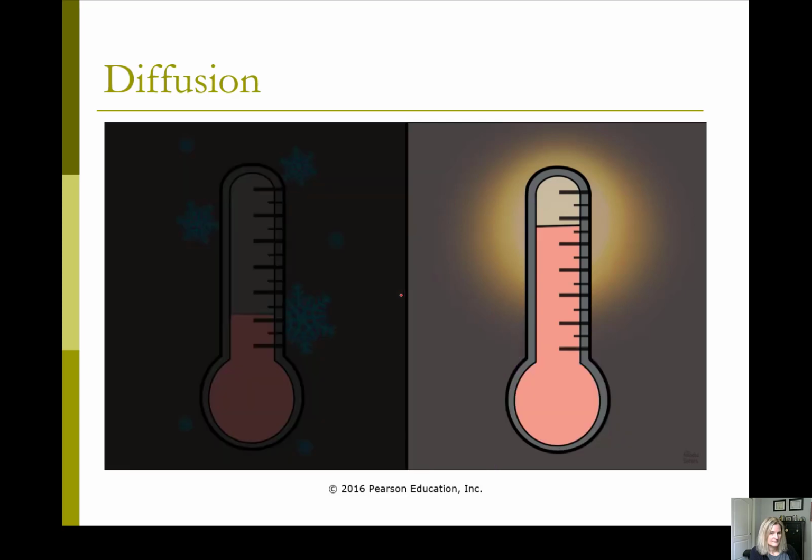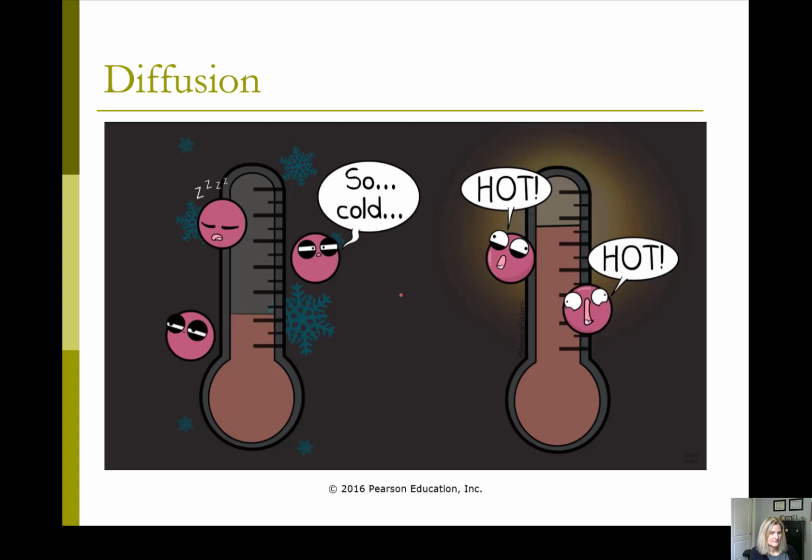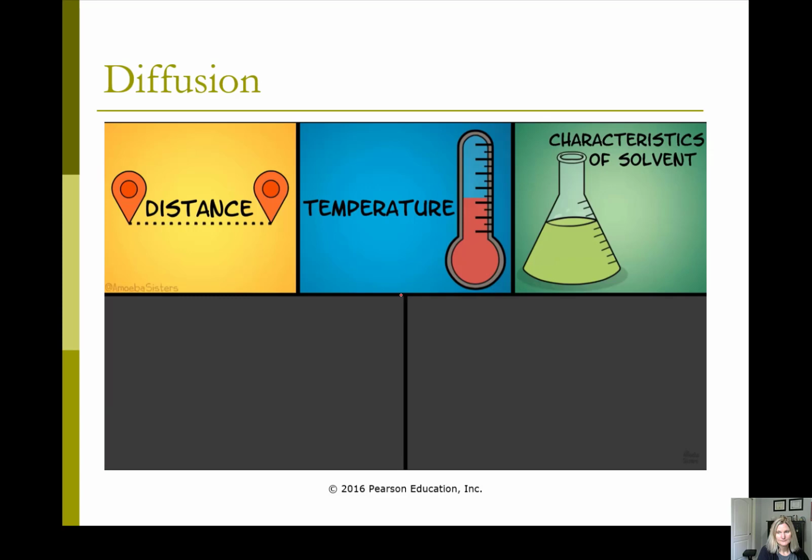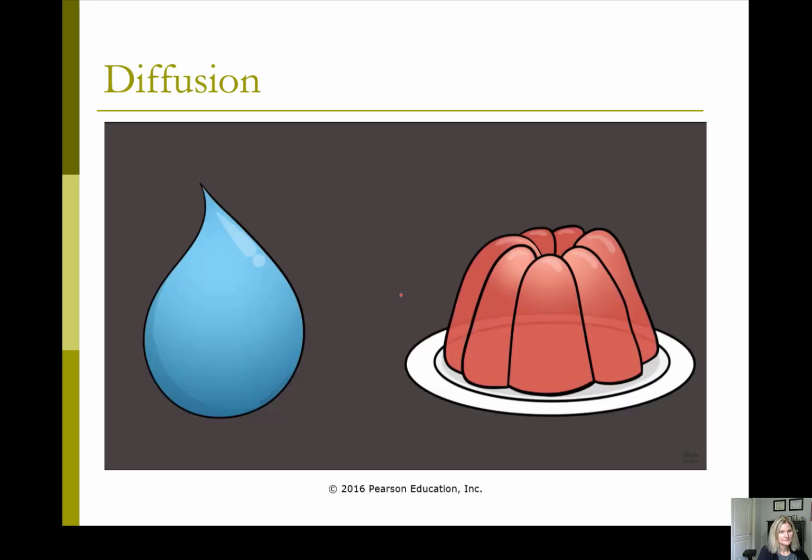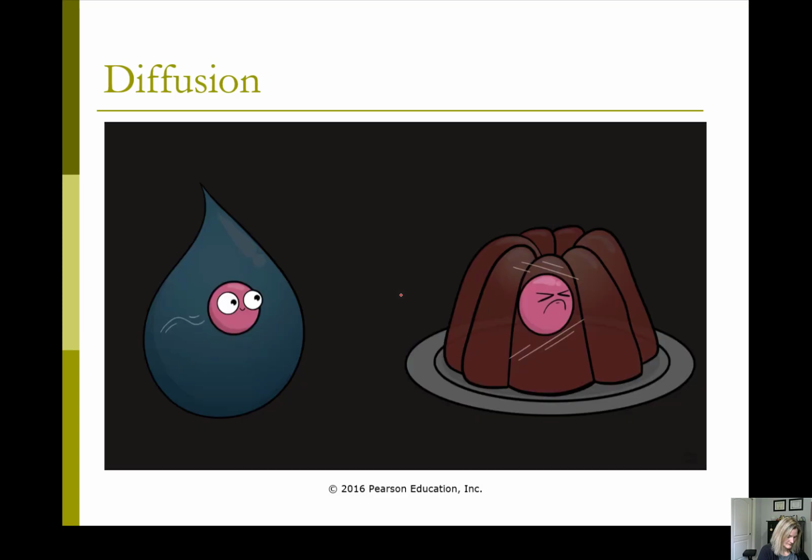Generally, a higher temperature. A higher temperature generally would mean there is more movement of the molecules, so the diffusion rate is increased. This has to do with energy, so check out the link in the description for more about that. Characteristics of the solvent. For example, is the solvent very dense? That could slow the molecules down and decrease the diffusion rate.